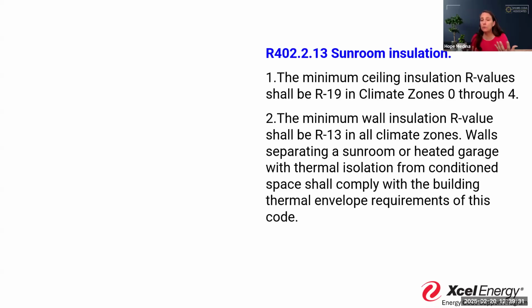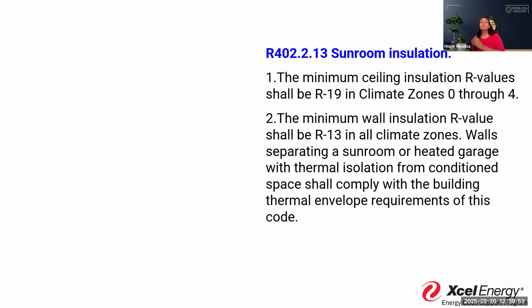Now that sunroom, how they're addressing it, it's not saying you have to have the R20 in the cavity or the R30 in the cavity, depending on which code cycle you're on. What it says is your walls only have to have an insulation value of R13.